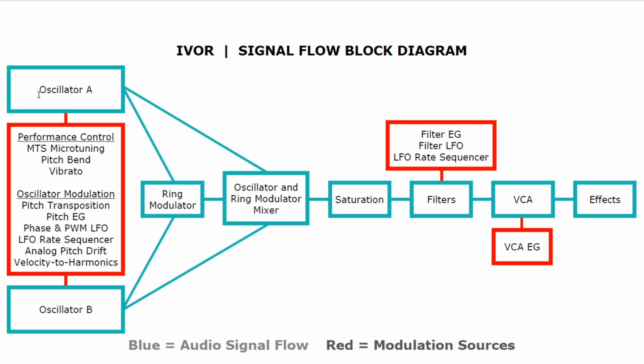And then we have the ring modulator and a mixer, so you can have a mixed A, B and ring modulated output. You have a saturation section which is built into the filter, and then within the filters, there are two of them, and you can cascade them or you can run them in parallel.